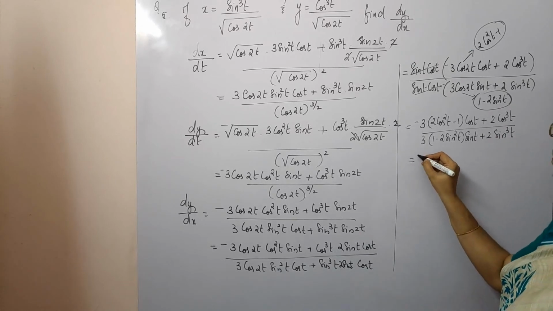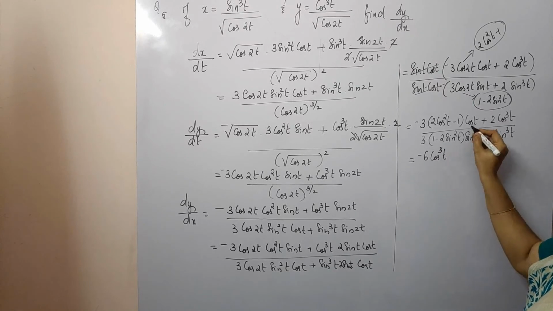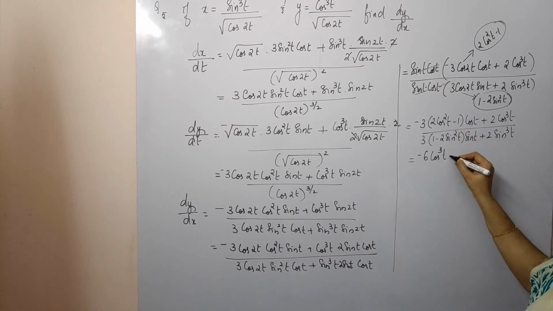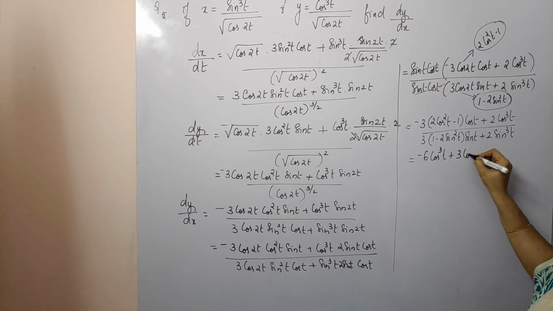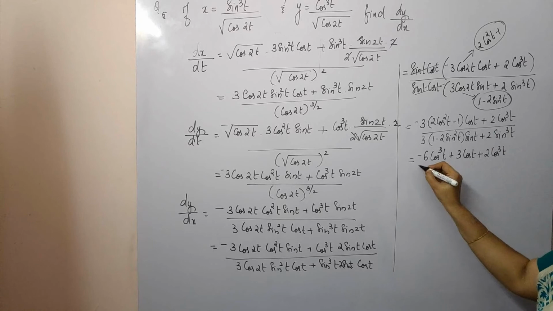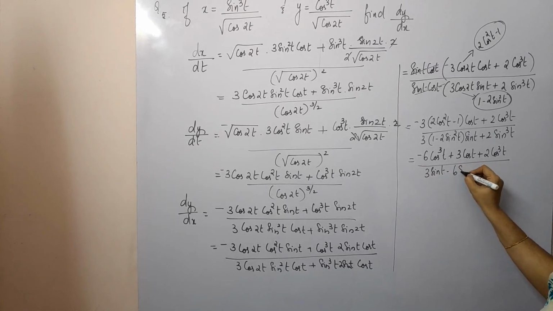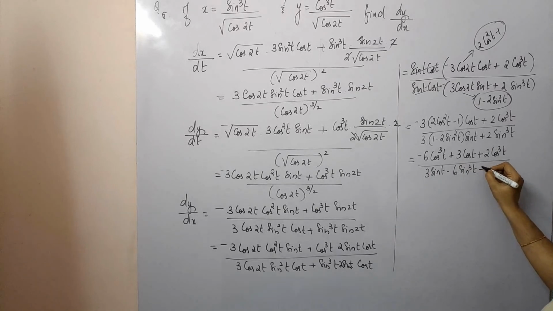This is equal to minus 6 cos cube t. This cos comes inside. Plus 3 times cos t plus 2 cos cube t divided by 3 sin t minus 6 sin cube t plus 2 sin cube t.